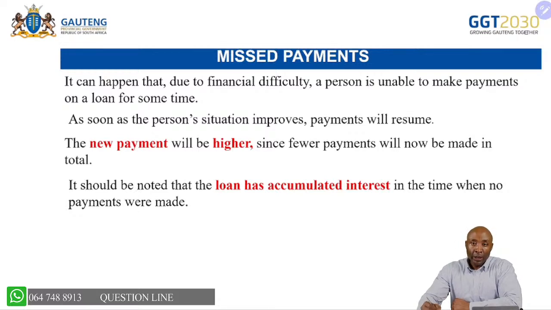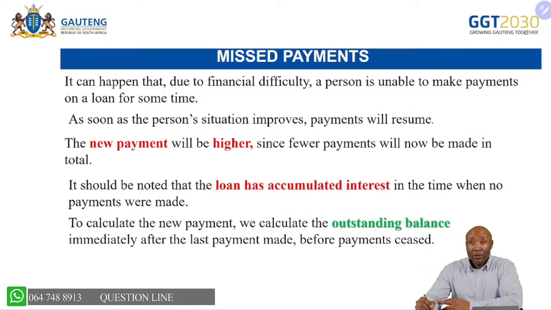You take a loan of 10,000, you start paying later, it will gain interest for those months that you are not paying. And that is added to the original loan amount and you end up having a bigger loan principal amount than what you had originally borrowed or asked for.